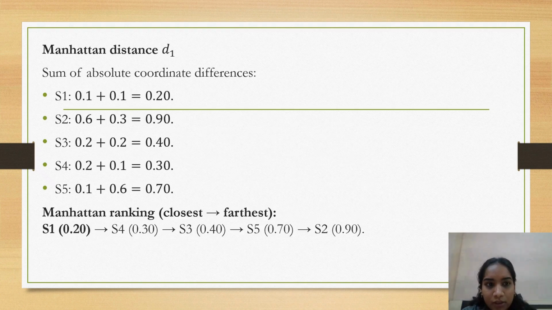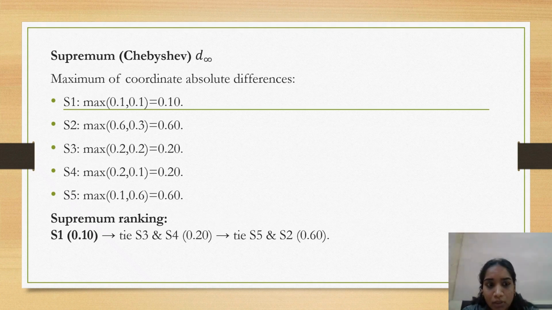For Manhattan distance for S1, it is |1.5 minus 1.4| plus |1.7 minus 1.6|, that is 0.2, and the supremum, the maximum of |1.5 minus 1.4| and |1.7 minus 1.6|, is 0.1. Repeat for all students to get rankings, and the observation is that different metrics may produce slightly different ranking orders.